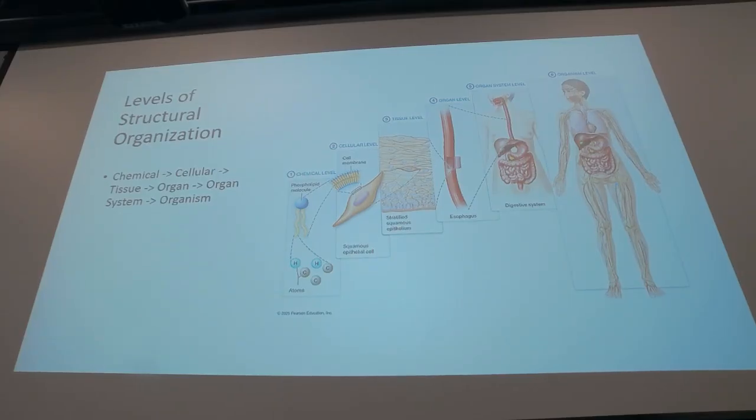Now, for making a body, everything starts at the atomic level. So we have many molecules that make our body, and these molecules are made by certain elements like carbon, hydrogen, oxygen, nitrogen, phosphorus, etc. We will see that in the next chapter.